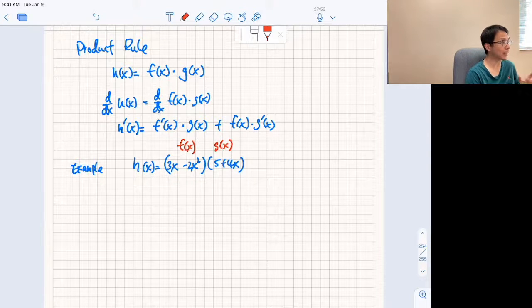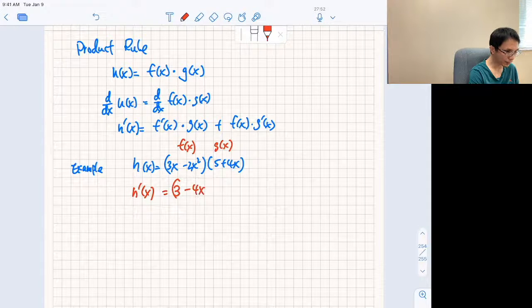Now imagine I want to take a derivative of this. According to the rule, I'm going to take a derivative of the first parenthesis. So h prime of x is the derivative of the first parenthesis, which is 3 minus 4x. Does that make sense?